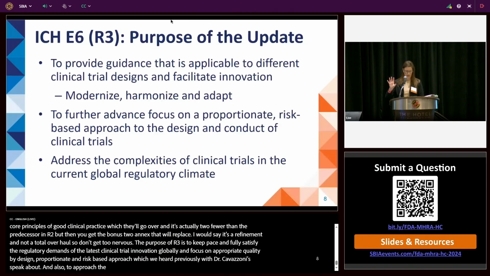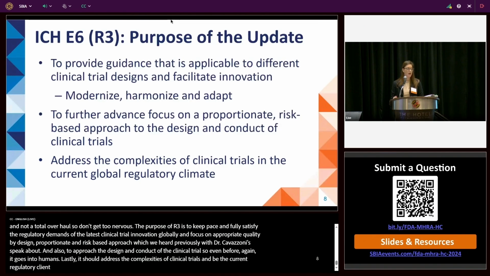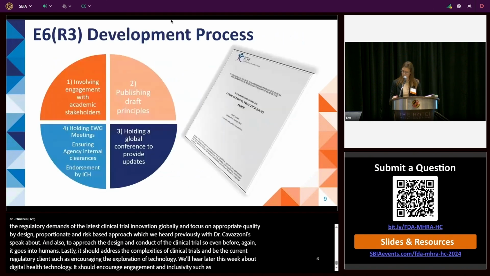So even before, again, it goes into humans. Lastly, it should address the complexities of clinical trials and the current regulatory climate, such as encouraging the exploration of technology. We'll hear later this week about digital health technology. It should encourage engagement and inclusivity, such as decentralized trials as well. You'll hear later about that.